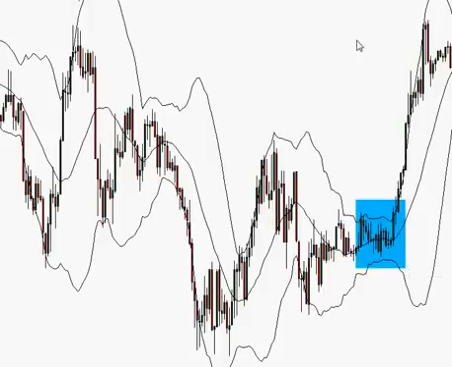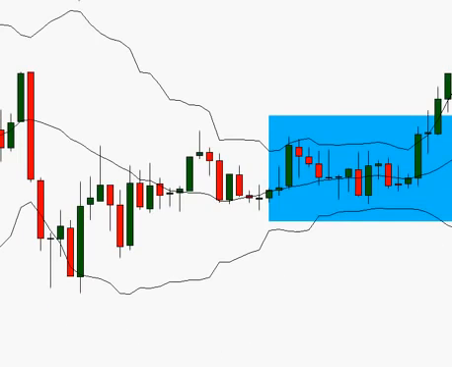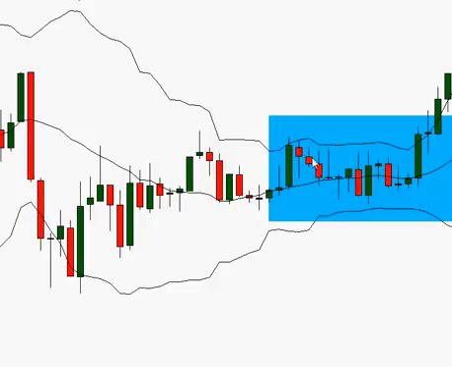But to be honest with you, you could have entered this trade, if we zoom into this area here, you could have entered this trade here, and perhaps suffered quite a pullback, and you may have even got stopped out there if you just blatantly traded the break at this point here.